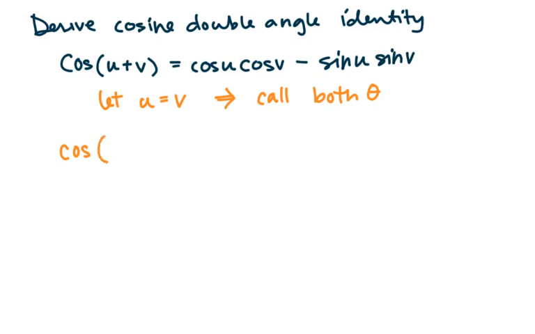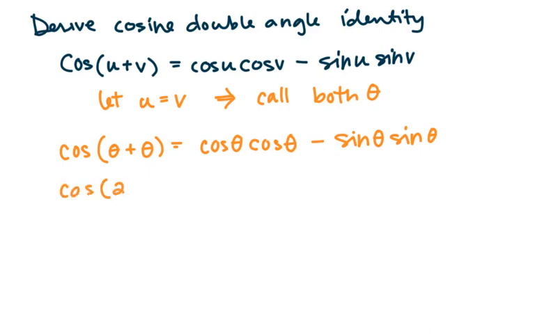So cosine of theta plus theta equals cosine theta cosine theta minus sine theta sine theta. Now we can simplify this because theta plus theta in my argument is 2 theta, and cosine times cosine is cosine squared theta, minus sine squared theta.